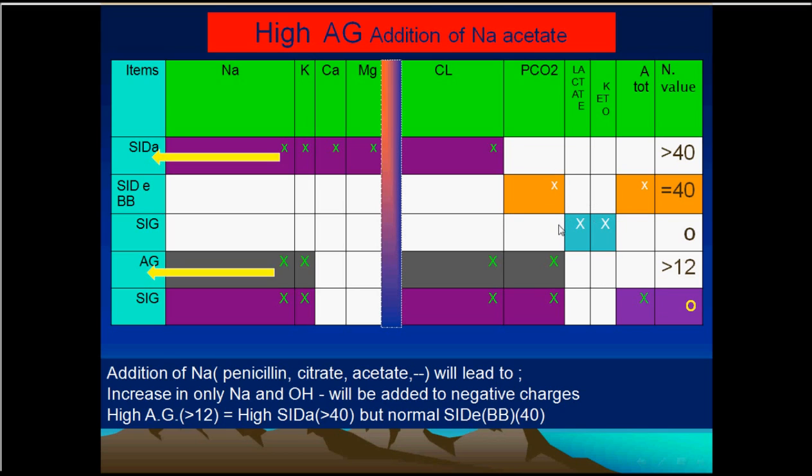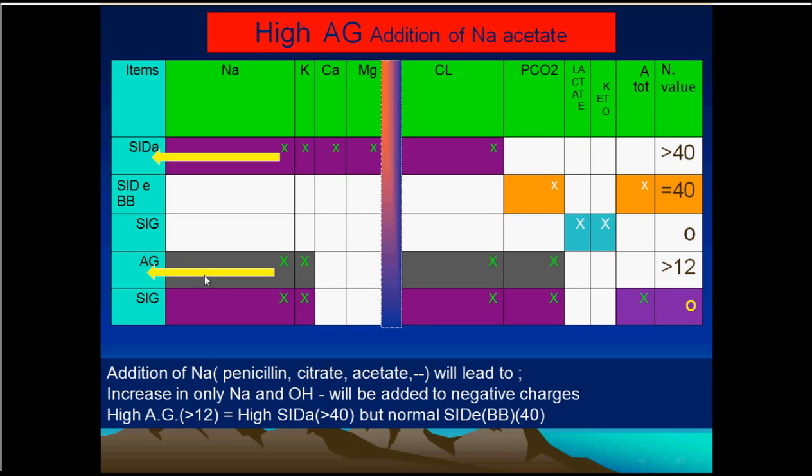So the hydroxyl group will increase, and accordingly, since the constant of water is 14, the hydrogen ion will decrease, and this means the pH will increase. So this can be monitored by the pH increase, and the strong ion differences will increase, giving some sort of alkalosis. The pH is alkalotic, but the change in the total weak acids and bicarbonate is the same.